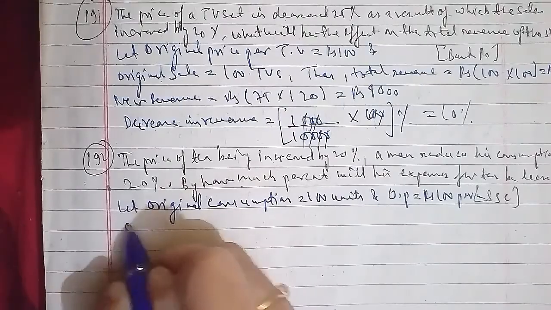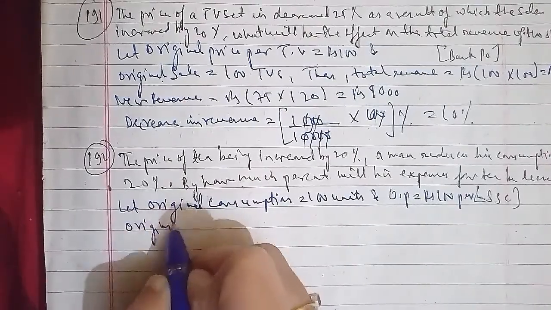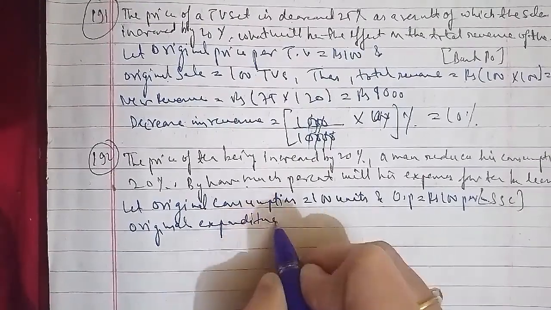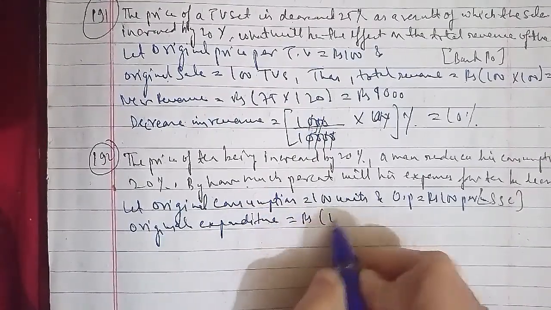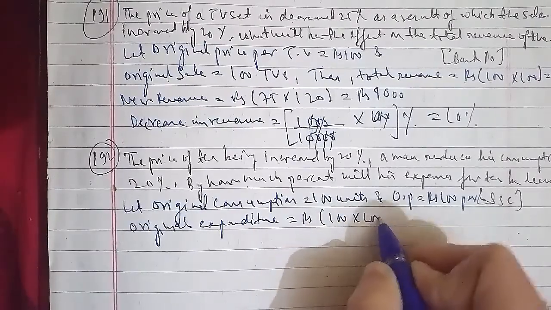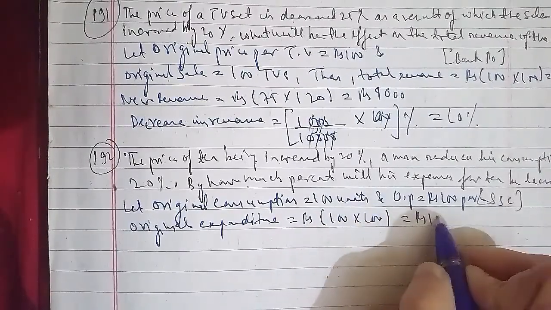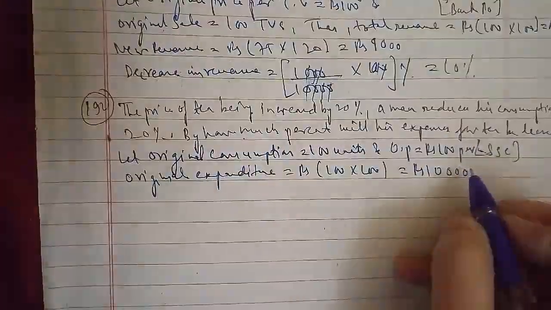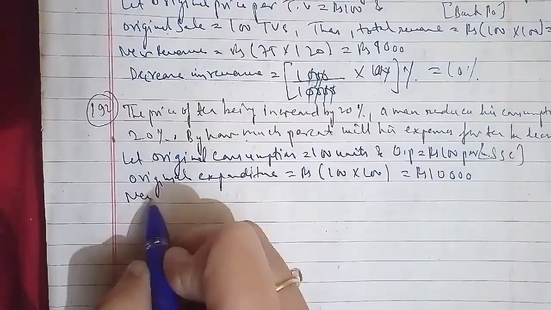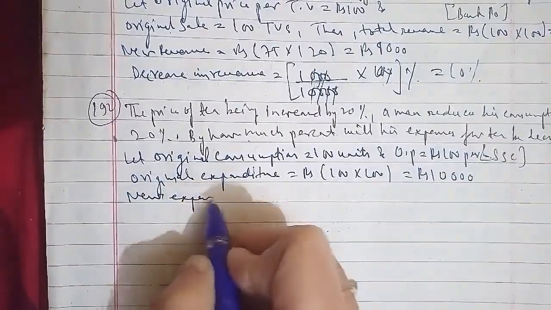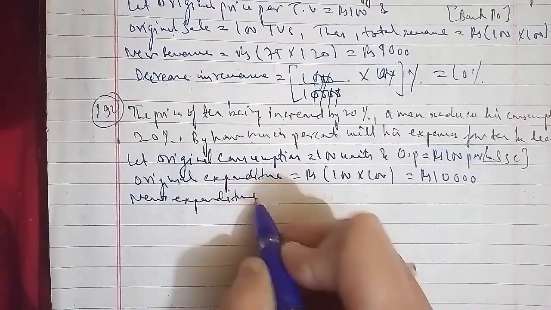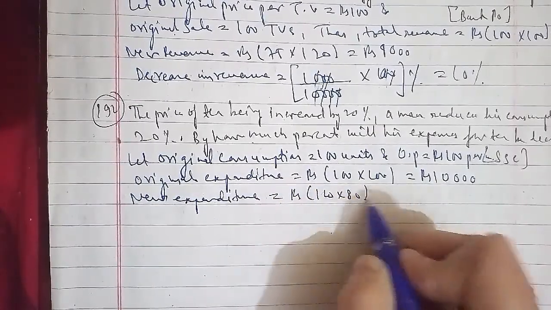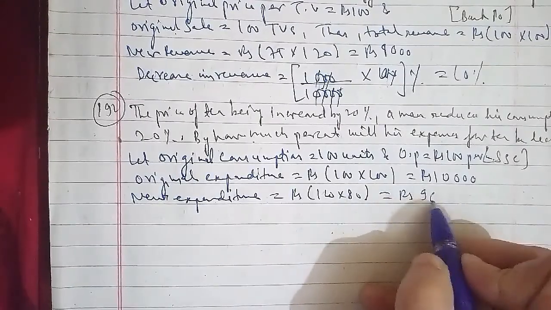So original expenditure equals rupees 100 into 100, which equals rupees 10,000. So new expenditure equals rupees 120 into 80, which equals rupees 9,600.